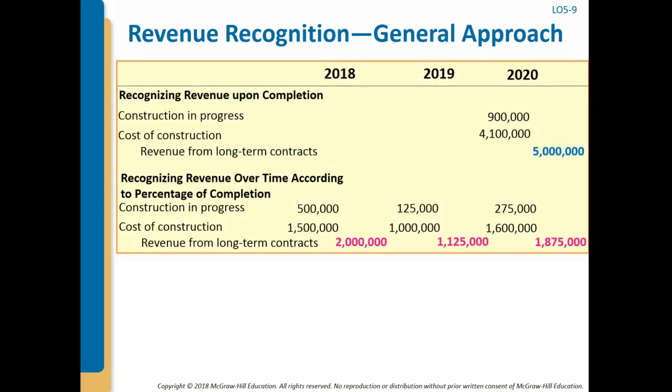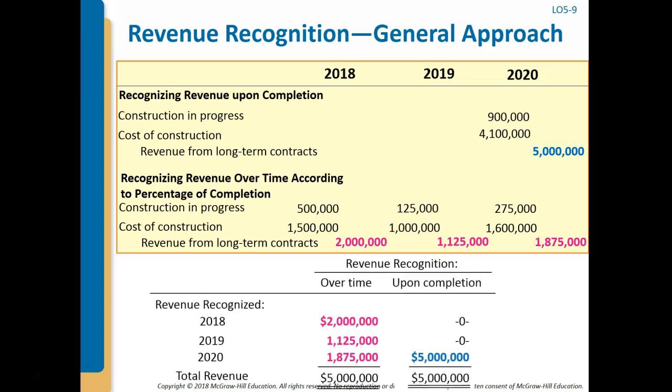Now let's see how revenue is recognized for Harding. We'll start with the general structure of the journal entry and then discuss timing. Let's start with recognizing revenue upon completion. Normally when we sell goods, we debit accounts receivable and we credit revenues, and debit cost of goods sold and credit inventory.